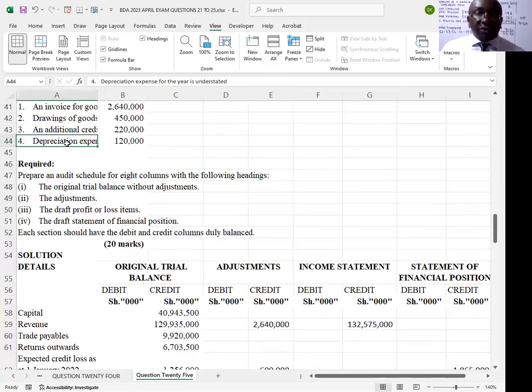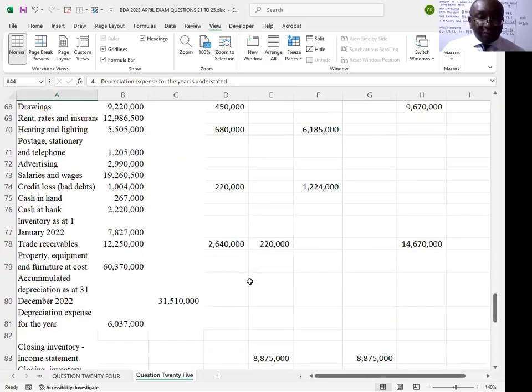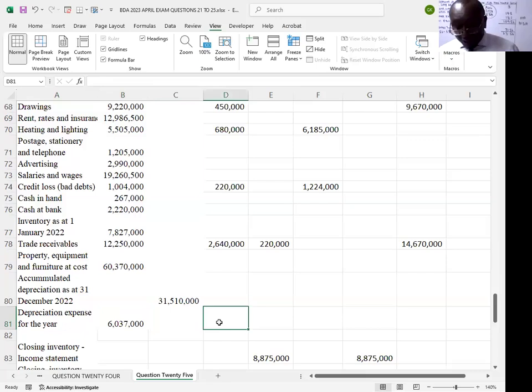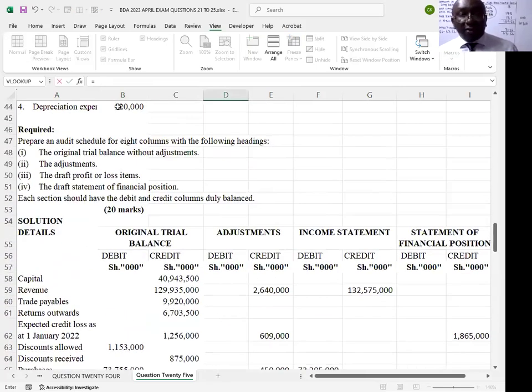The next one is this one. Depreciation expense is understated. So when we understate, we are supposed to go and add the depreciation. So let's go to where there is depreciation for the year. This one. So this one is understated. So to add it, we shall debit. So we come here and say equals. We debit this amount.